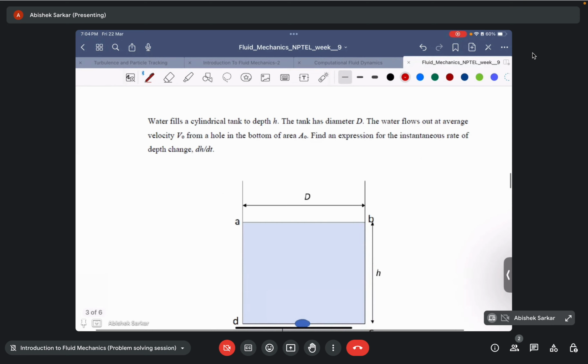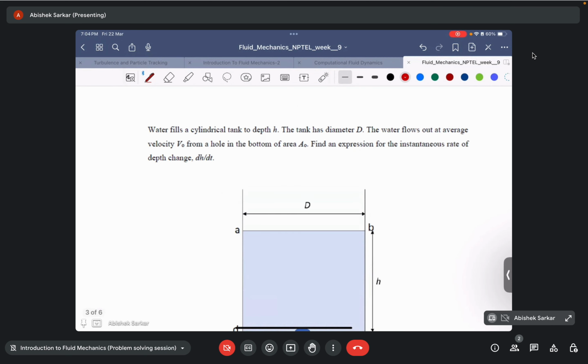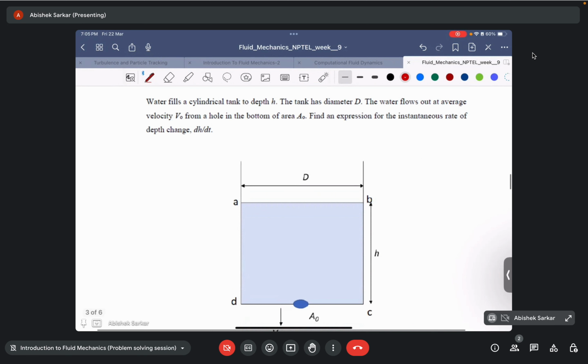So we have a cylinder in this particular problem. You can go to the question for a while, then I can discuss the question.